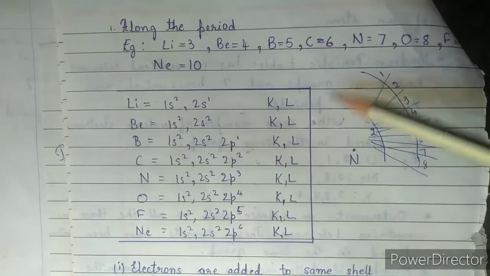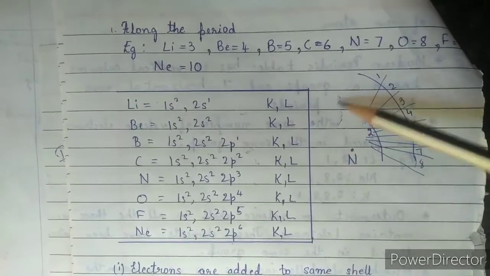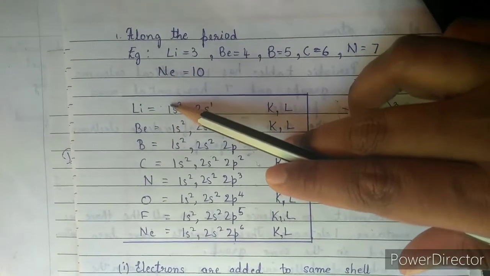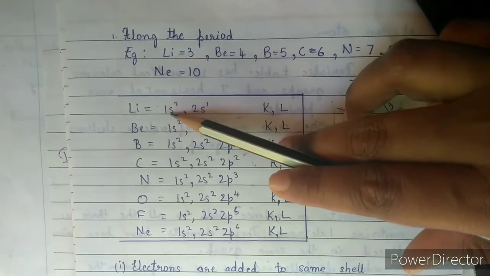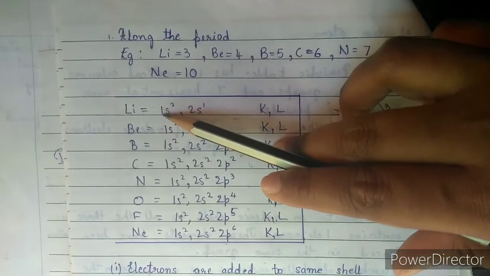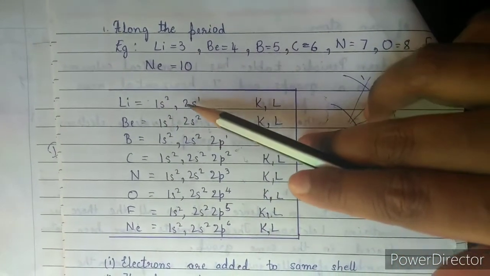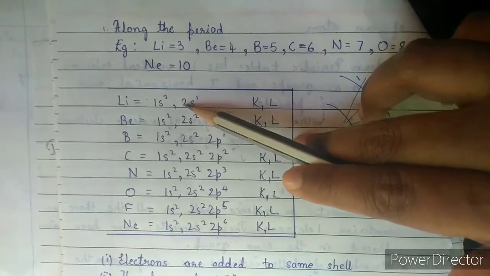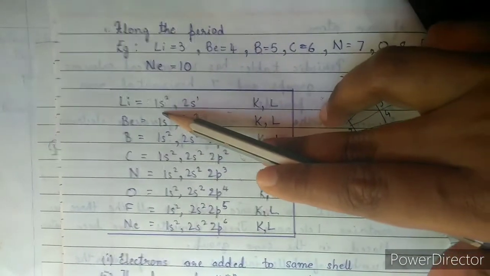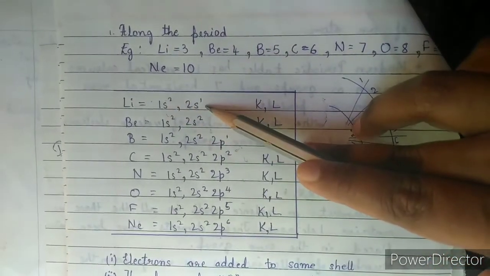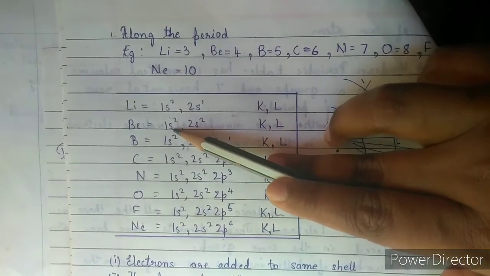Atoms have different shells. The first is the K shell, then comes the L shell. This is the shell number: if it is the K shell, it is 1, and if it is the L shell, it is 2. Lithium has the K shell as well as the L shell. Beryllium also has the K and L shells, and boron as well.